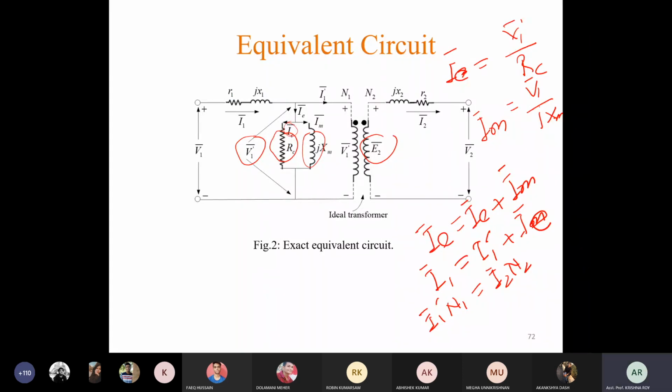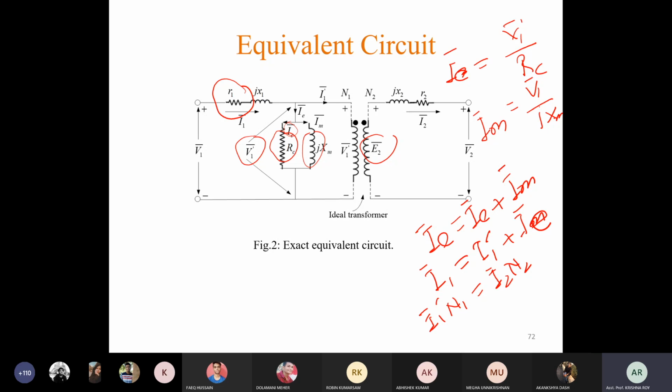See, first R1, that is the winding resistance of N1, is shown here. So in this winding no resistance is there. Jx1 is the leakage reactance. Leakage reactance is produced by the leakage flux. So X1 relates to the primary winding. The leakage flux produced by the primary winding, that is phi L1, is represented by this Jx1.